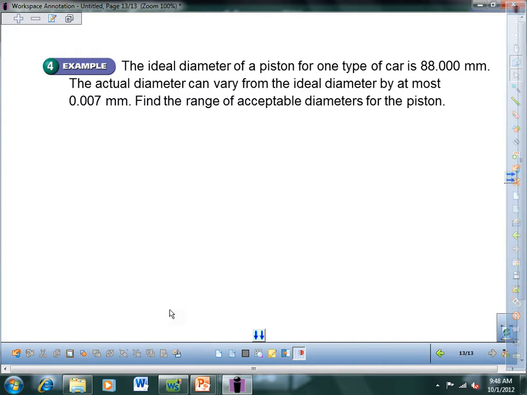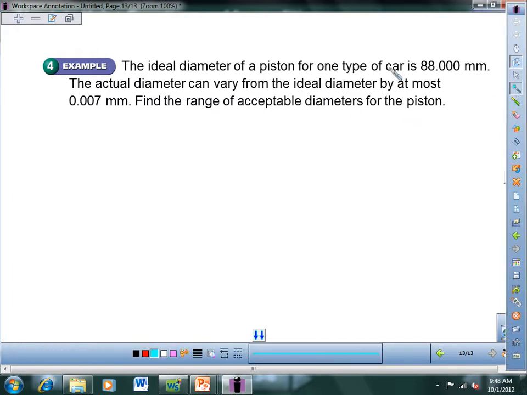So this is a case where you want to set up an equation. The ideal diameter of the piston is 88, and the actual diameter can vary by at most 0.007. The way you find out how far something is away is by subtracting.